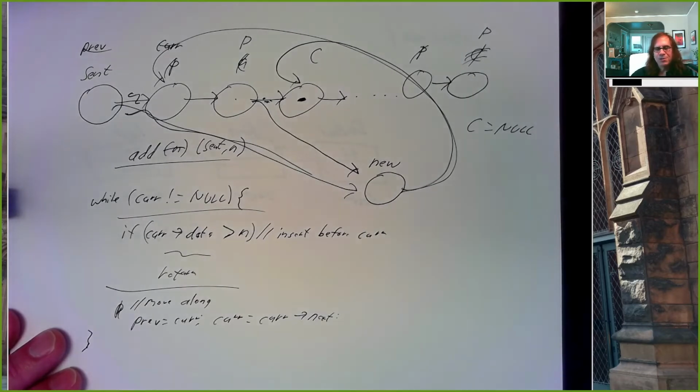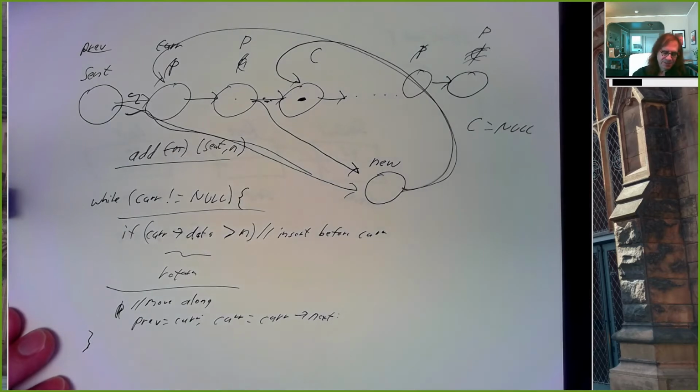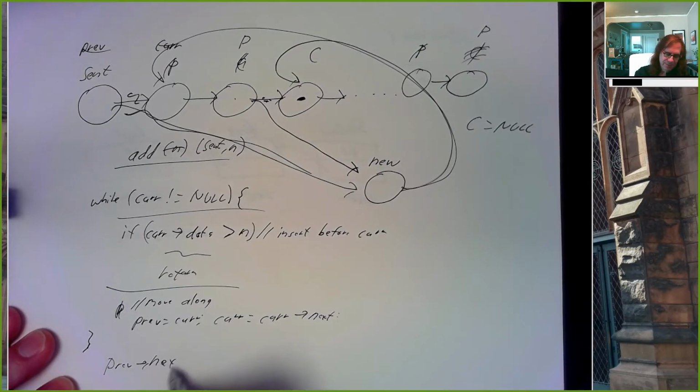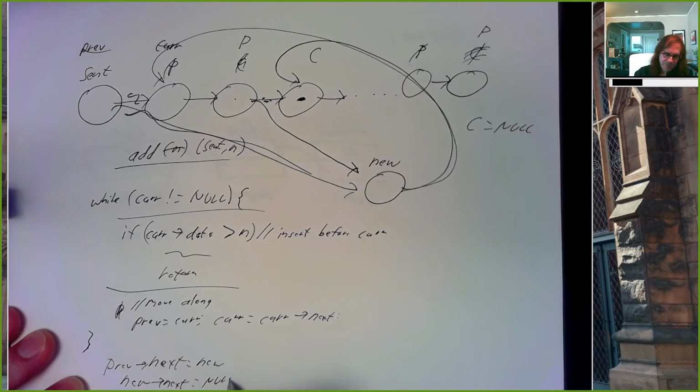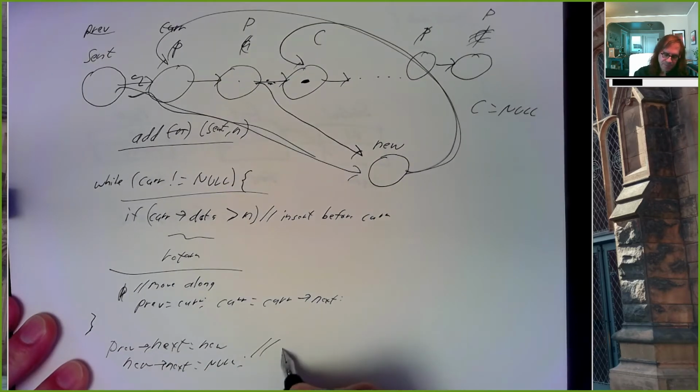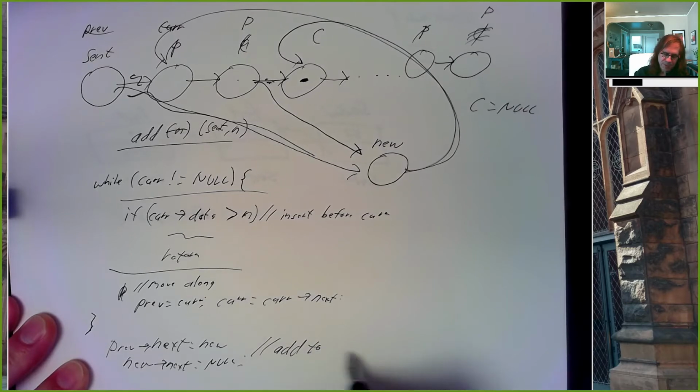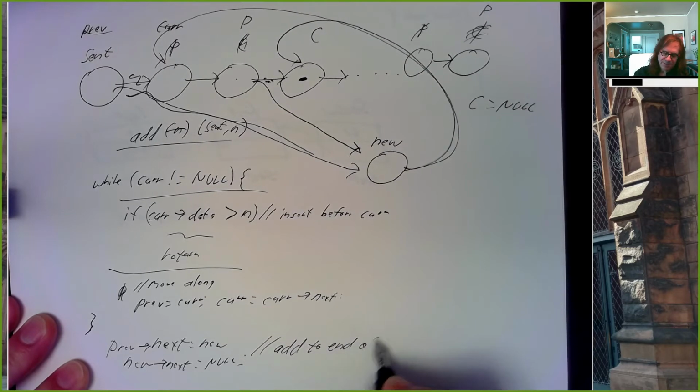Well, so all we want to do is add our new node after the node that we're calling previous. So previous next equals new, and new next equals null. And this is just adding to the end of the list.